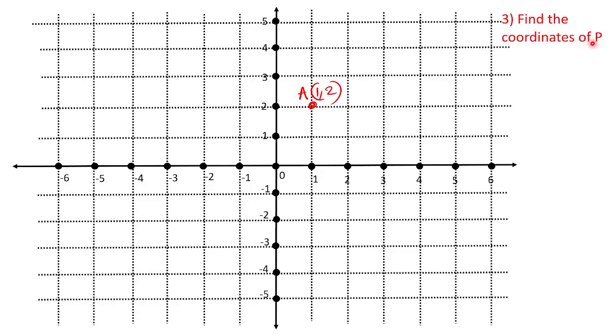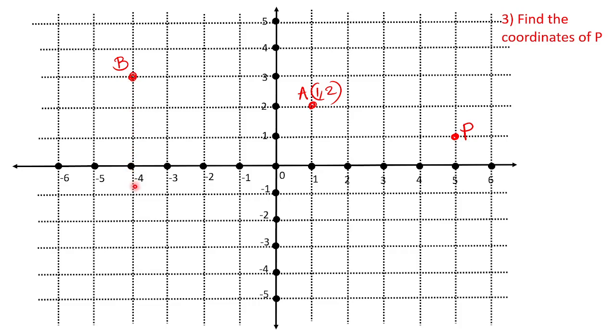Let me give you one question. Find the coordinates of P. Let the point P be here. You have to send me the answer. Third question. Okay, clear. Then another example. Suppose there is a point B here. What is the coordinates?